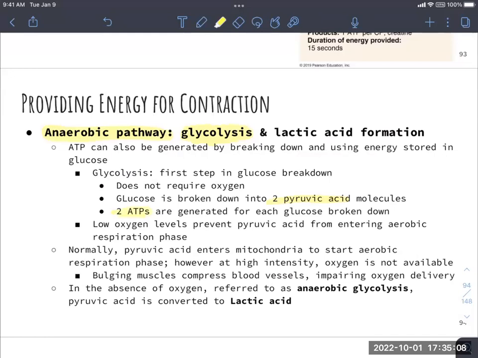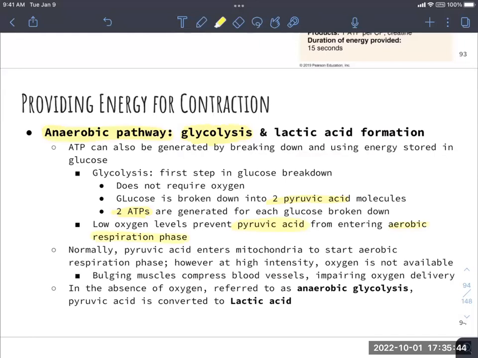So if you're doing something like sprinting across the street, you're using your anaerobic pathway because that's not something that's going to require high amounts of oxygen. Since there's not a lot of oxygen present, those low oxygen levels prevent the pyruvic acid from entering the aerobic respiration phase, or the electron transport chain, as it's called.